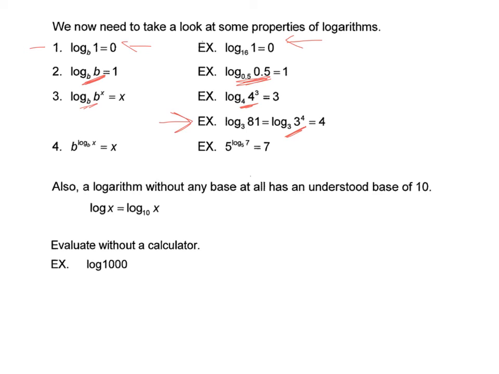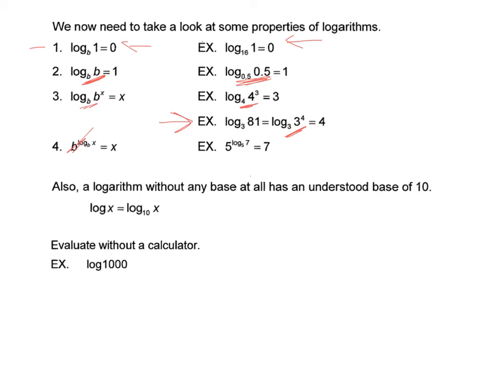The number that they give you, like this 81, can be rewritten with a base the same as the little base. And then finally, property number 4, b to the power of log base b of x. The b and the log b just sort of cancel each other out if the bases are the same, and you get x.